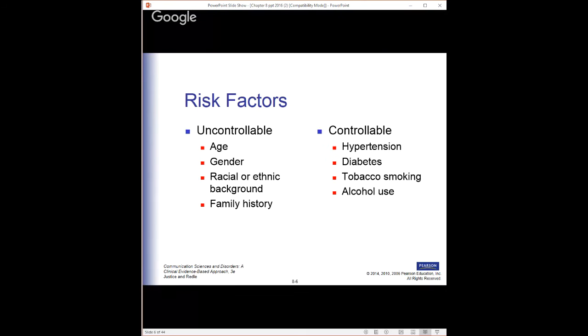The risk factors that are controllable include hypertension, meaning high blood pressure, diabetes, tobacco smoking, and alcohol use.